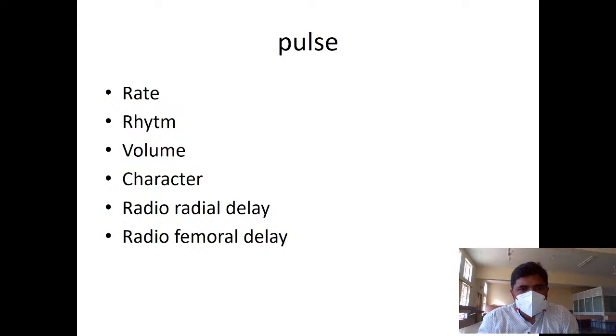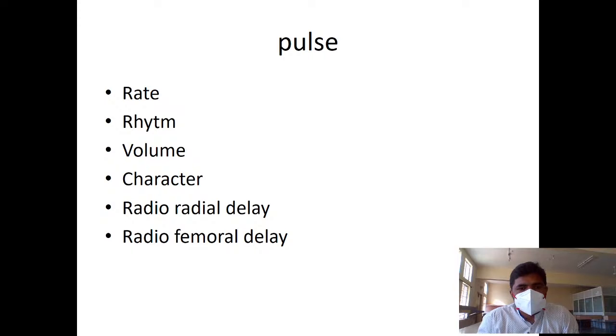And volume, whether it is a high volume pulse or a low volume pulse. High volume pulse means a high output state, low volume pulse could be a severe CCF feature. CCF in initial stages can have a high volume pulse, and if CCF is severe in nature and collapsing, then the child can have a low volume pulse.